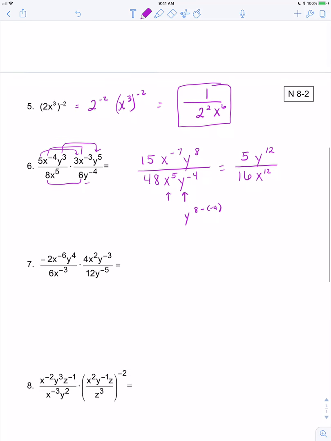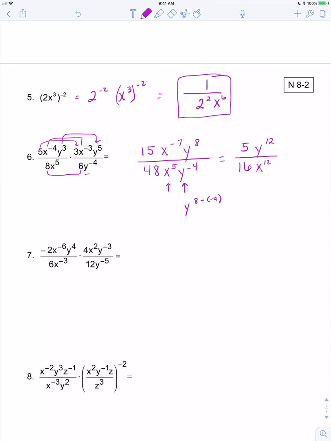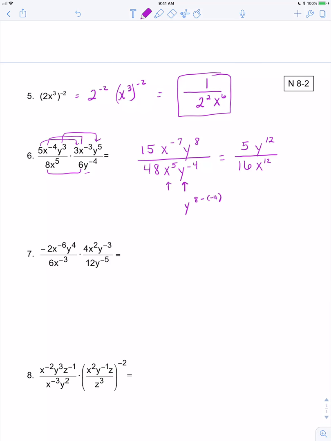All right, try another one like that. Again, let's do one more like that, and then we'll leave the last one. So negative 2 times 4 is negative 8. x to the negative 6 times x squared: add those exponents.